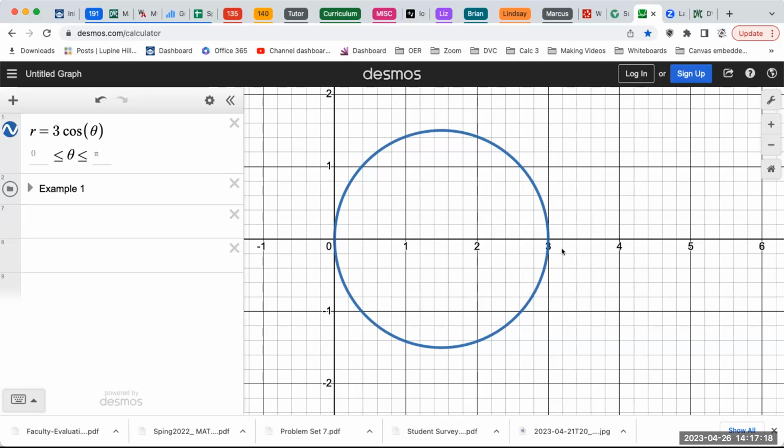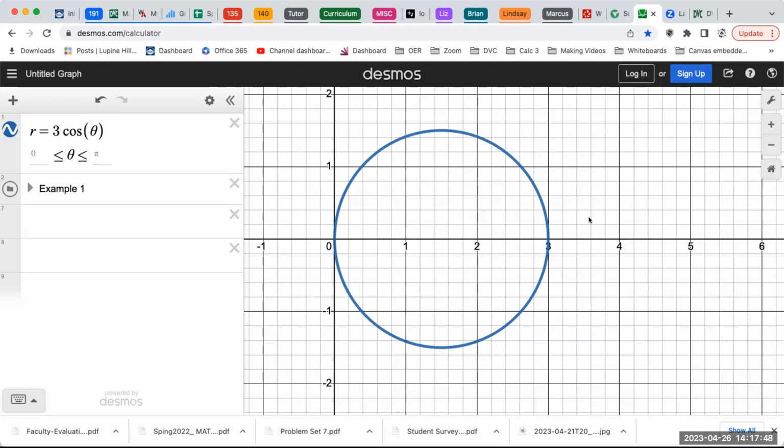Each point has a particular r distance and a certain angle, so that when I plug that r distance and that angle into this equation, it'll satisfy the equation. So just the way that you learn graphs about equations in rectangular coordinates, the same is true.